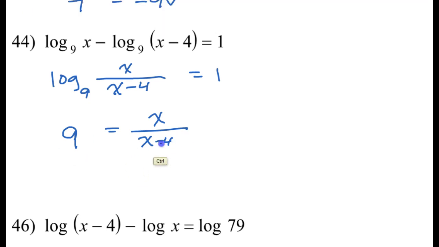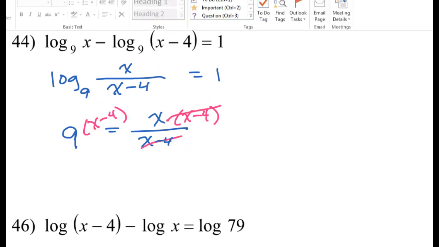So it's just a matter of solving this equation. I would go ahead and multiply both sides by x minus 4 to cancel out the denominator. So the x minus 4s cancel out.